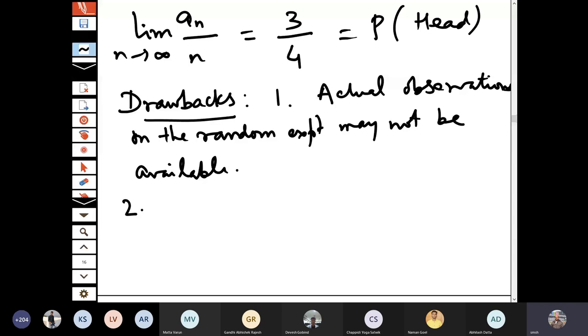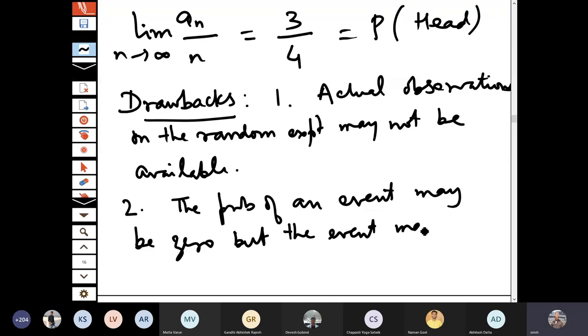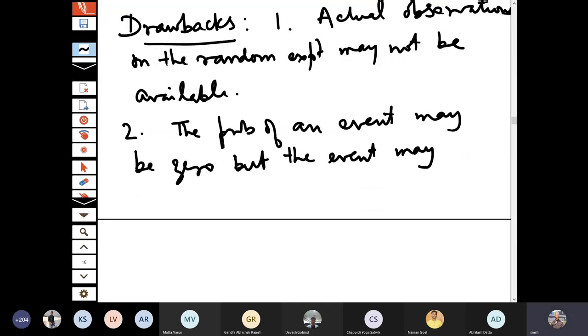So the probability of an event may be 0, but the event may be occurring.